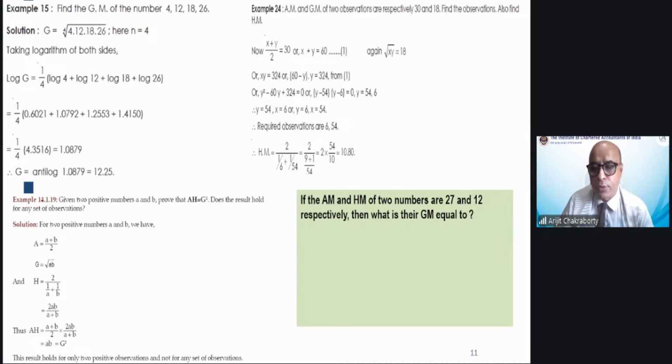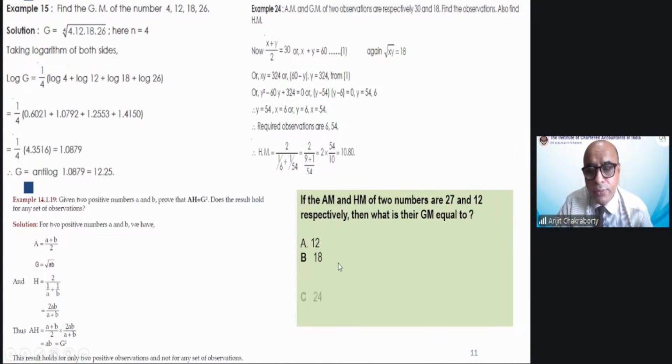So the GM we have to find out. So the GM square will be equal to the product of the AM and HM. So arithmetic mean into harmonic mean gives us the square of the geometric mean. So which means GM in this case will be the square root of 27 into 12.